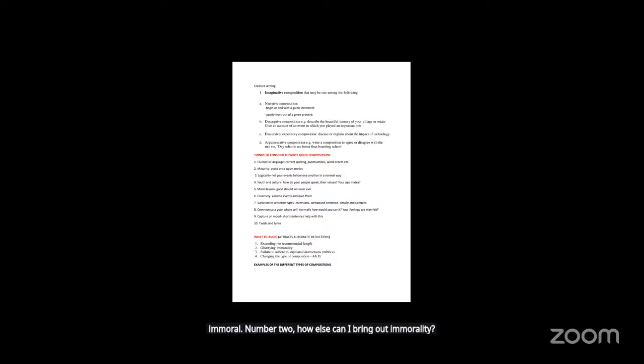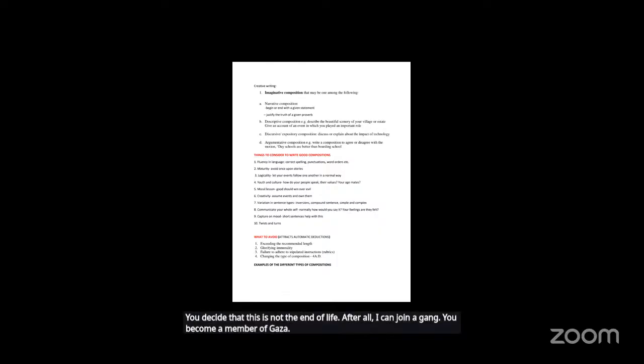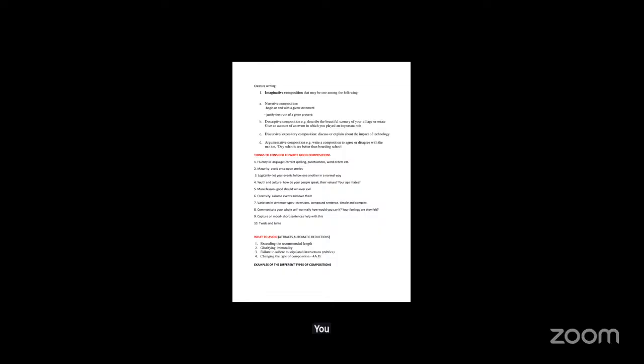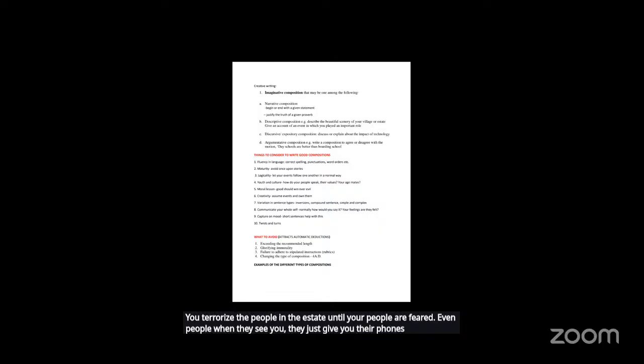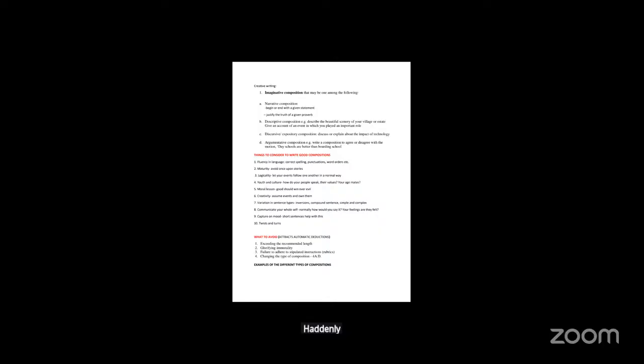Immoral. Number 2, how else can I bring out immorality? When evil wins over good. You tell us about the way you were a very bad boy. First of all, you began by beating the teacher in school. You were expelled. You decided this is not the end of life. After all, I can join a gang. You become a member of Gaza. You terrorize the people in the estate until you are feared. Even people, when they see you, they just give you their phones without you asking. Suddenly, a friend of yours comes and tells you there's a bounty on you.